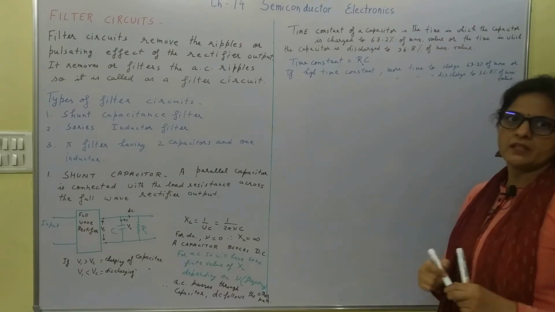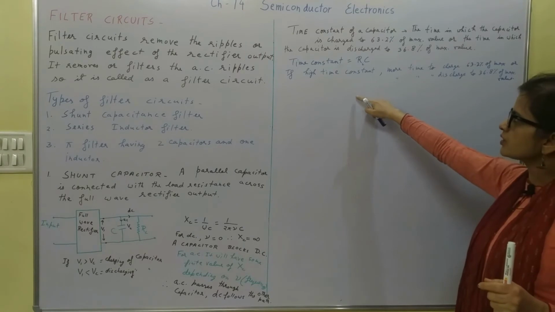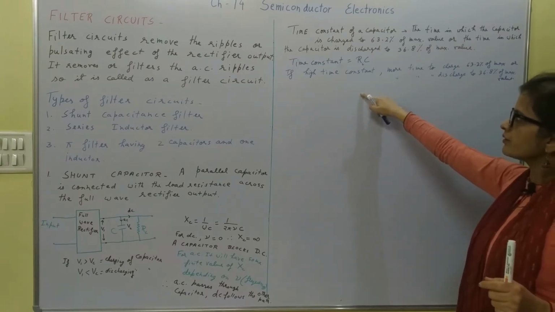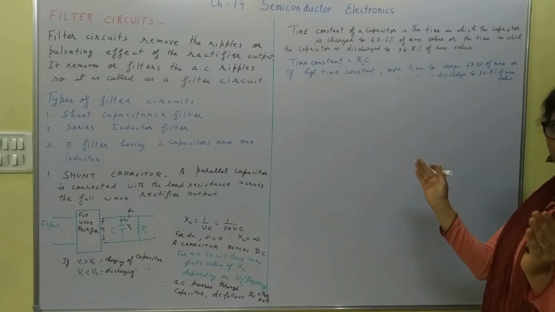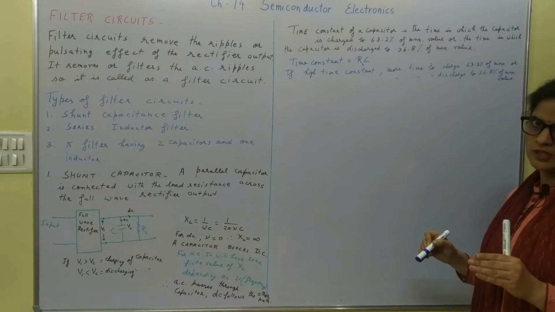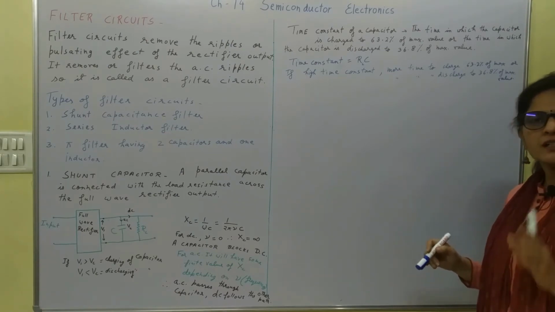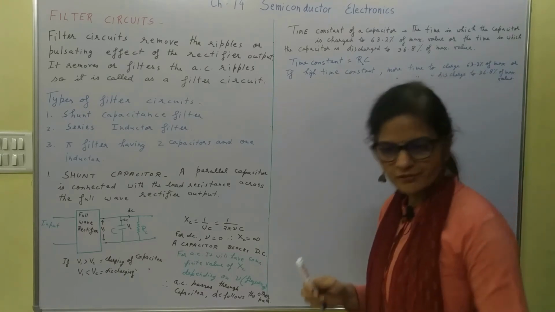So what does that mean? The time will stretch, so a nearly constant value of voltage will be there for a longer time, and that is very near to the peak value of the output which is obtained across the output of the full wave rectifier. This will be clear with this diagram.